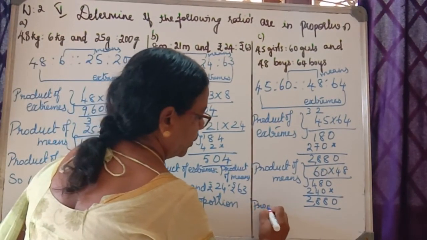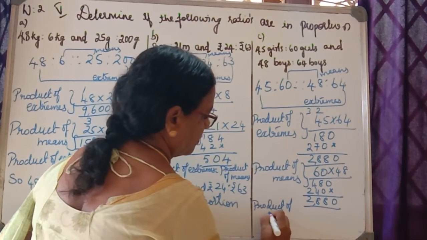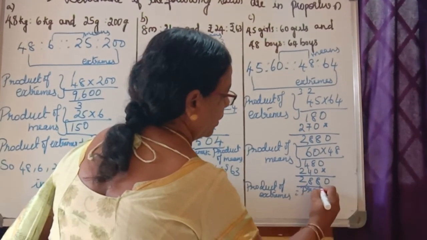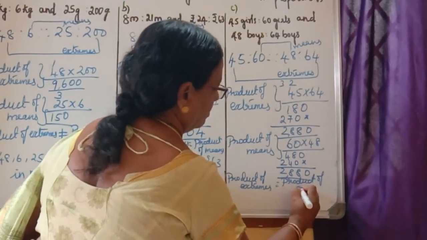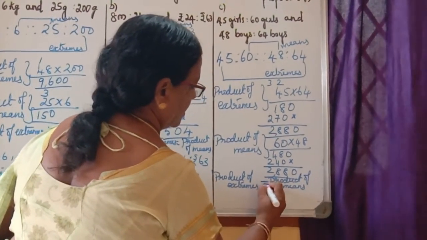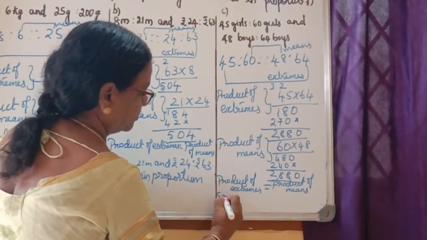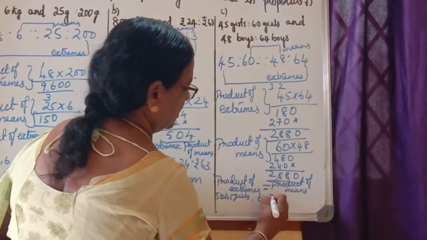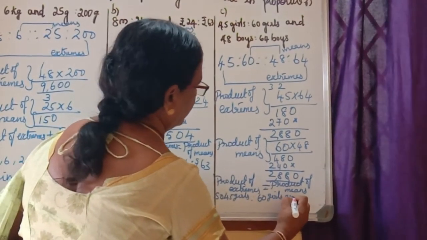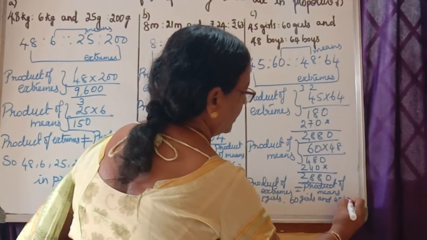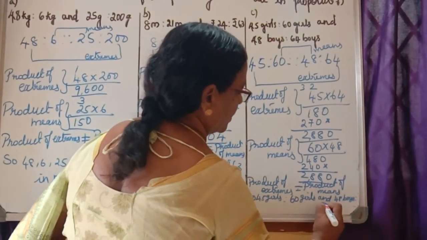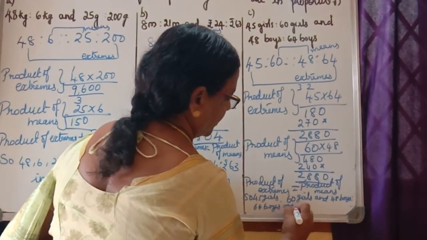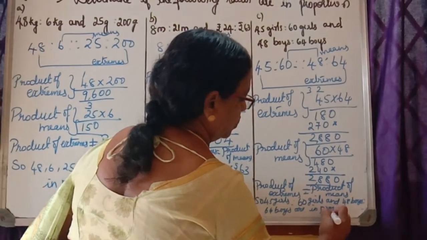Here the product of extreme is equal to the product of means. So 45 girls is to 60 girls and 48 boys is to 64 boys are in proportion.